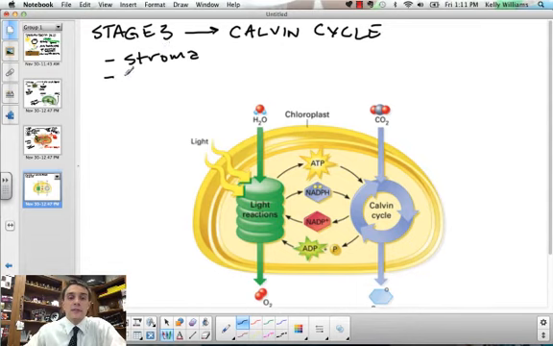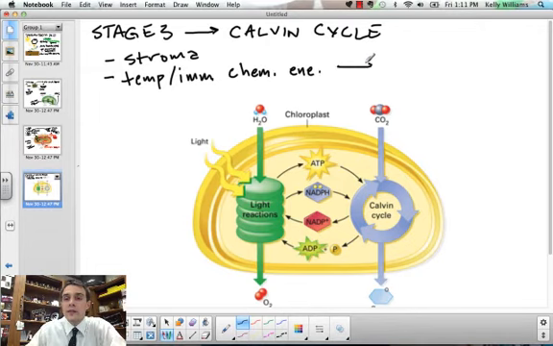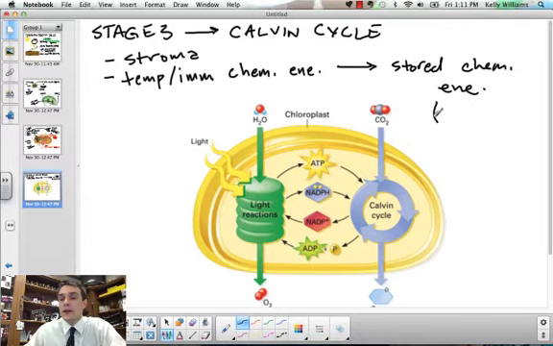And it is all about taking temp and immediate cell fuel chem energy and transferring it into stored chemical energy. A lot of times people jump right to it and say they store it, it becomes glucose. But really what it becomes is this thing called G3P.